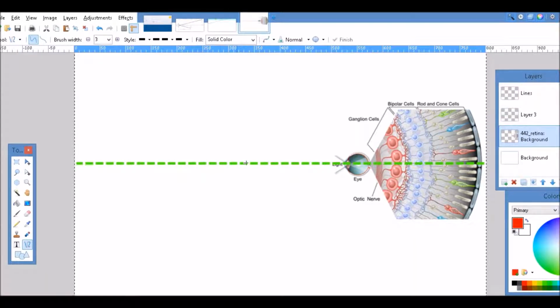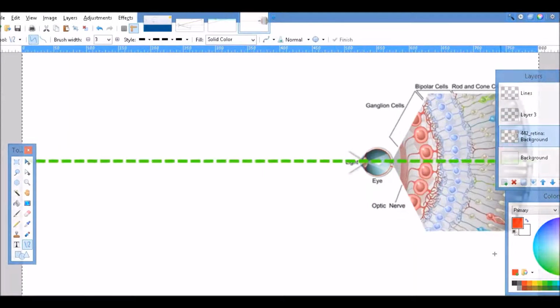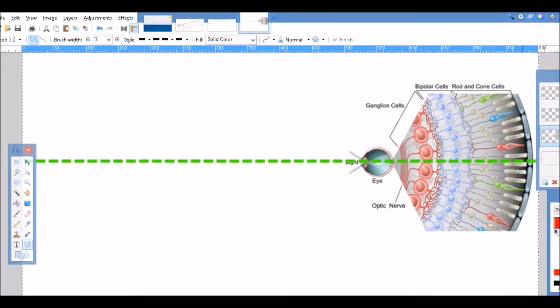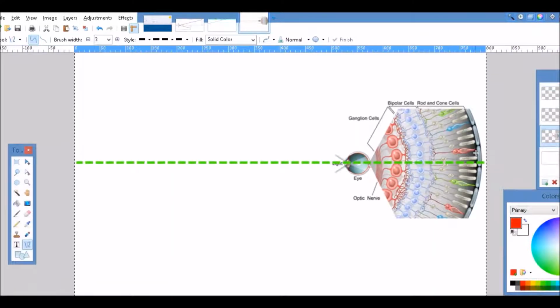Think of the receptor cells on our retina as pixels, and the imaginary eye level line is between a row of pixels. The slightest tick downward, which is necessary if we want to see the ground, would look something like this. And the slightest tick upward, if we want to see the sky, would look something like this.